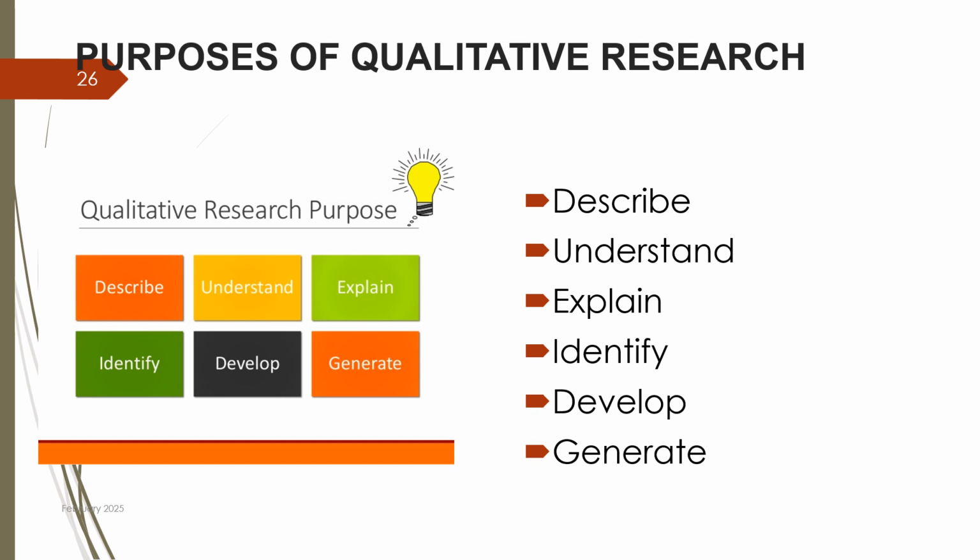This can happen in one form of qualitative research, which is named grounded theory. Grounded theory is one form of qualitative research, and we'll talk about that in a separate lecture. With grounded theory, you can generate a theory for a topic that doesn't have any existing theory in the literature. So generating a theory is one part of qualitative research.